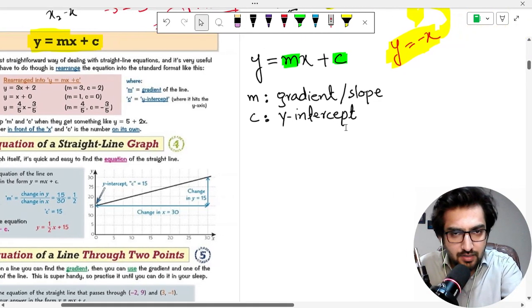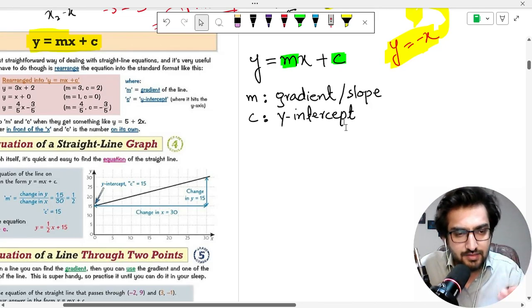So actually m means the gradient and c is the y-intercept.